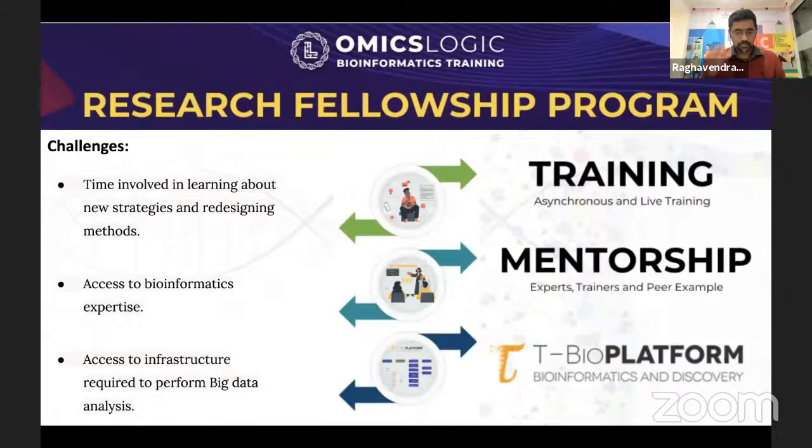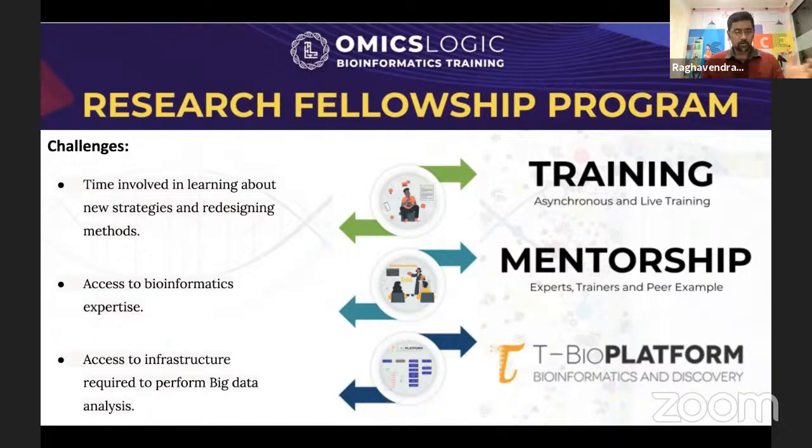So from my research experience, there are 3 main challenges that all researchers will need to overcome in any research program. And this research program is designed to specifically address these. 1, time. A lot of time is spent on learning research methods from multiple sources with varying levels of reliability.